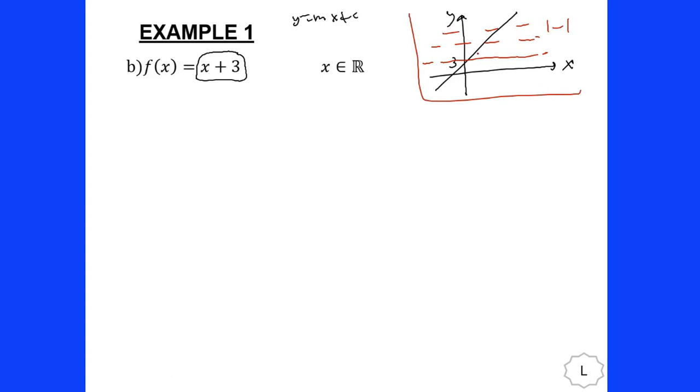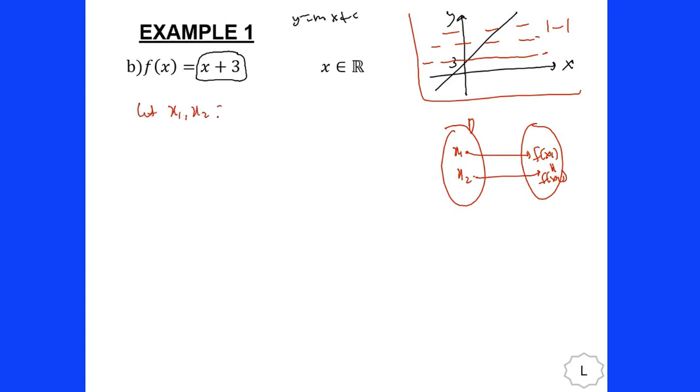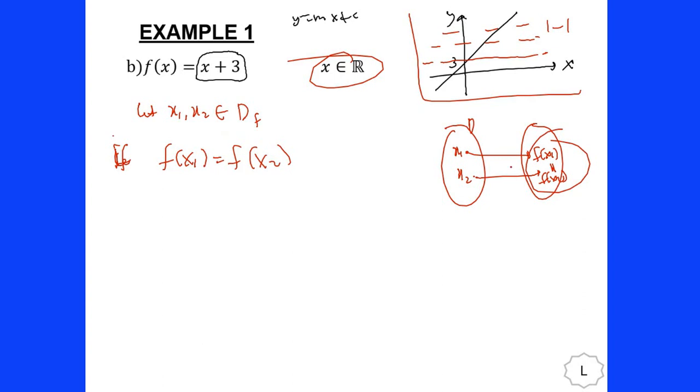Okay, so we want to show it using algebra. This was graphical. We want to use algebra too. So the same thing. We take the domain x1, x2, substitute to get f(x1), f(x2). We define these as equal. Okay, let x1, x2 be in the domain. No need to find it, it is given. Okay, so if f(x1) equals f(x2), we have defined these as the same. So we need to show whether x1 equals x2. If yes, that is a one-to-one function.